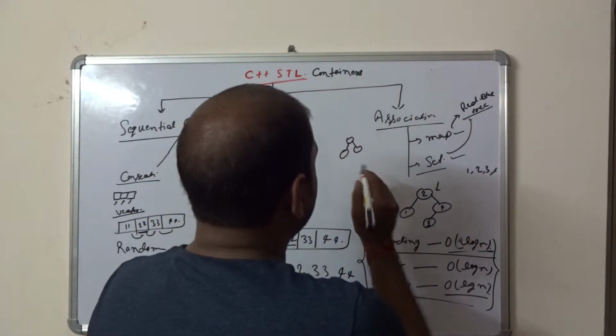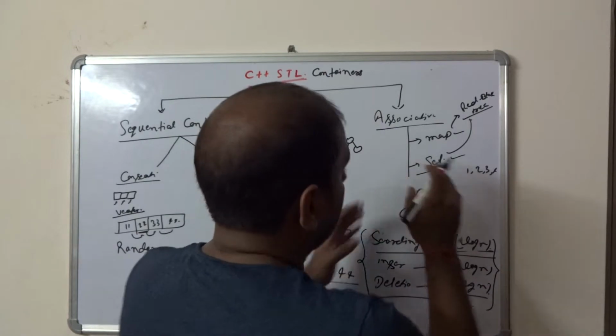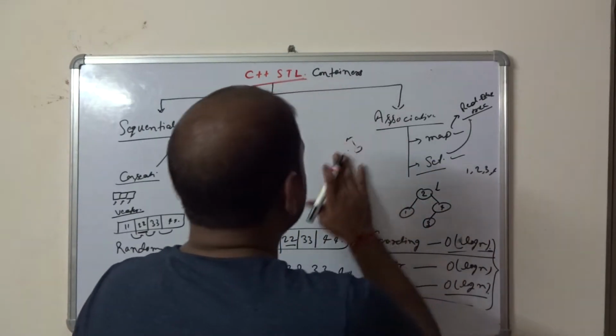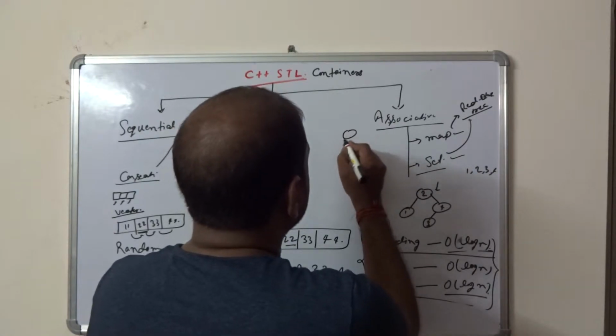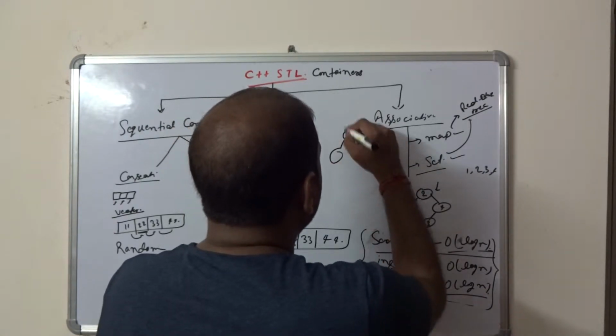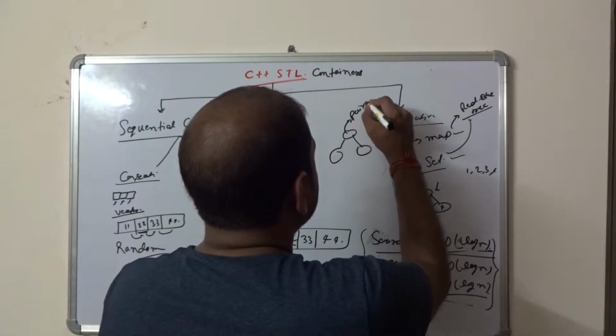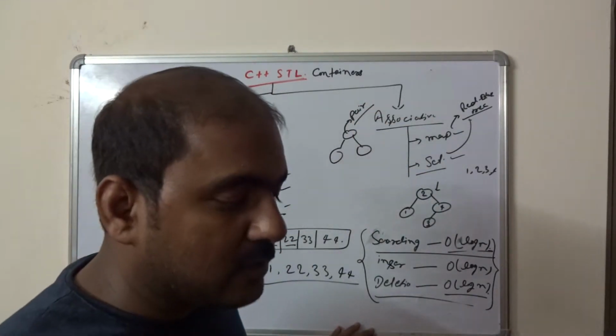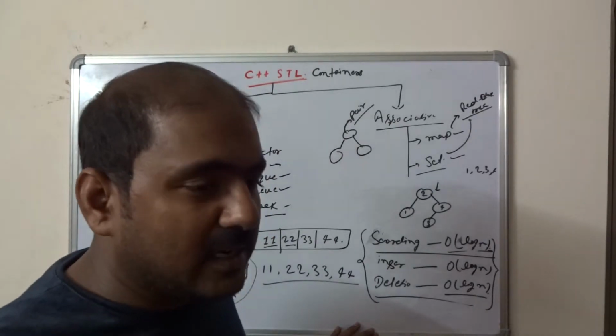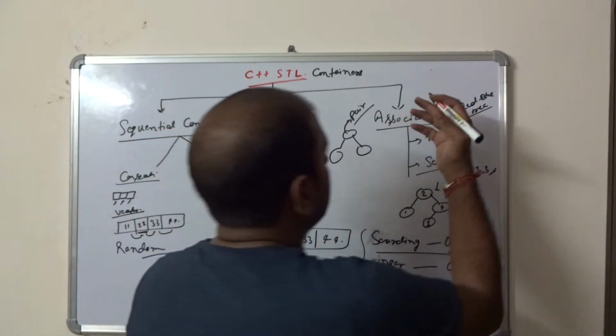Map has the concept of pair. Okay, it's a key value concept. Think about the map as a tree, and every node is a pair. Pair is the smallest class of the world.